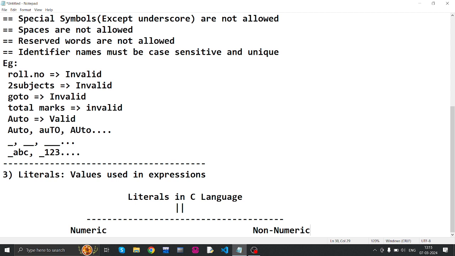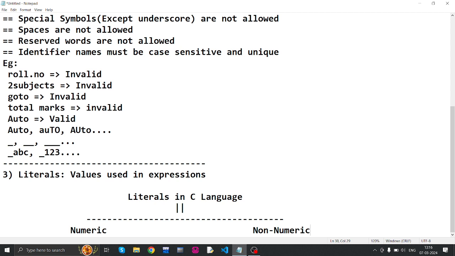A number can be used as a literal here, so we call them numeric literals. Non-numeric means they are not numbers, so we call them non-numeric literals here.